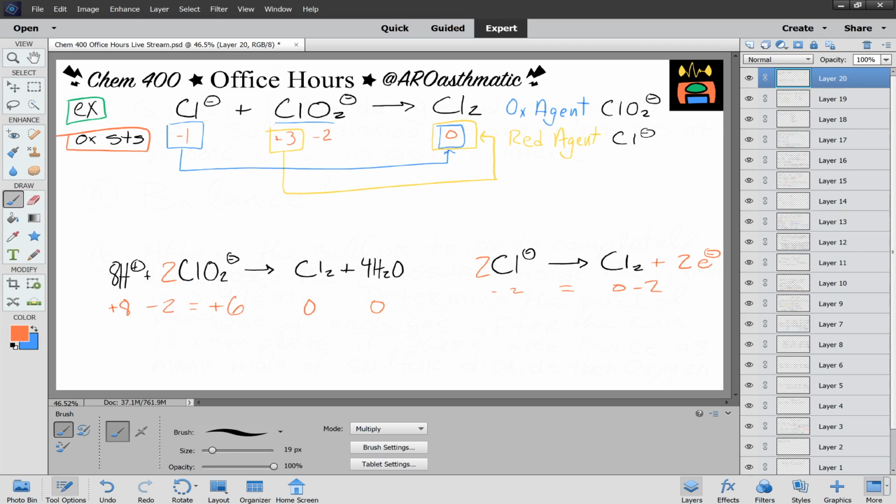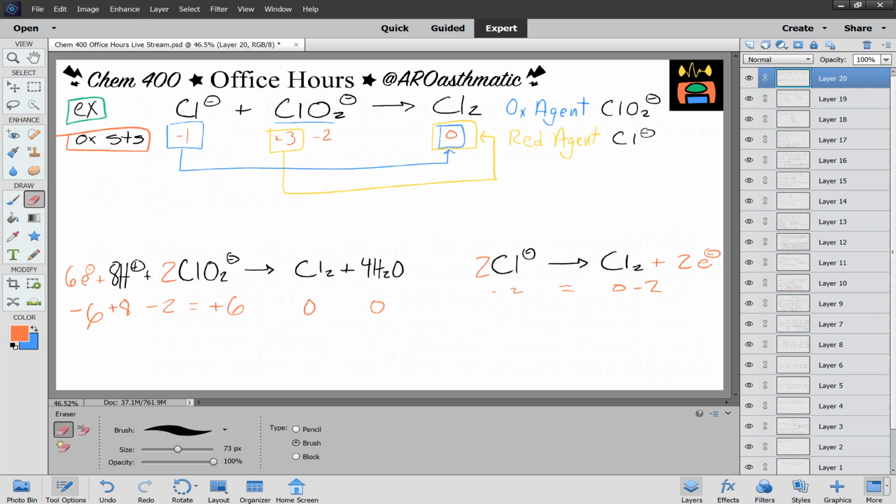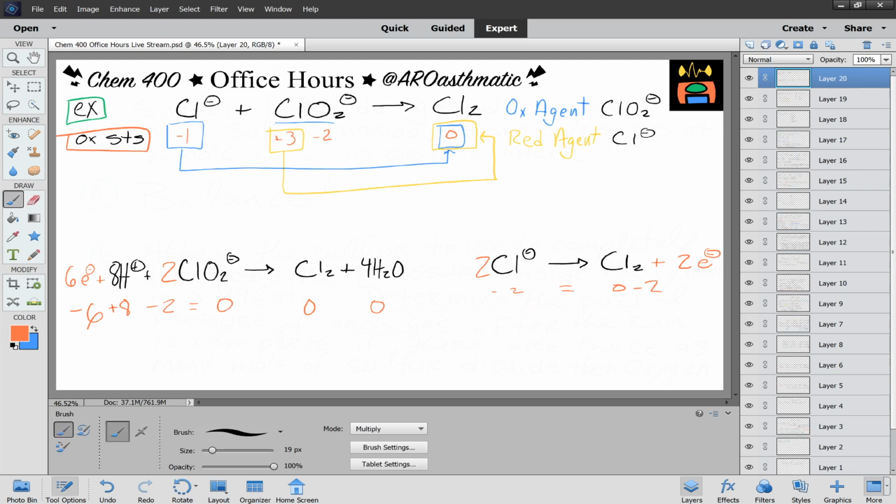So this is the charge situation we need to balance. We have a positive 6 on our reactant side, which means we need to add 6 negative charges, 6 electrons. And when we do, we have negative 6 plus 8 minus 2 is equal to 0. Now the charges are balanced on both sides of our second half reaction.